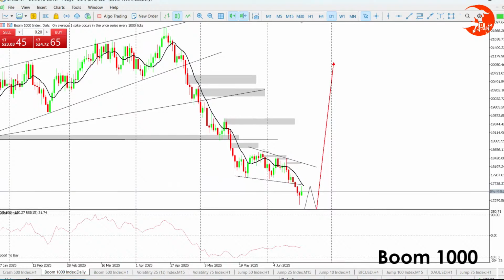Looking at daily, there's a fair value gap on the daily time frame right there, and one can say that's where price actually broke structure from. So price reacted all the way back there according to the daily time frame, and that was this morning.